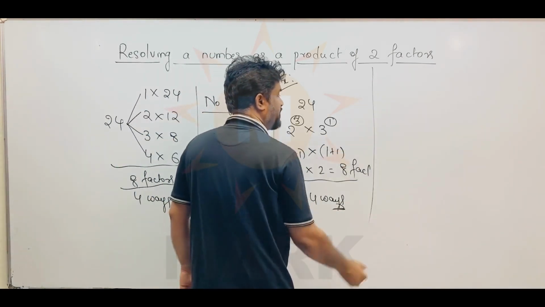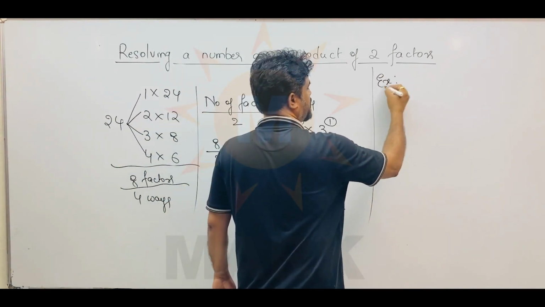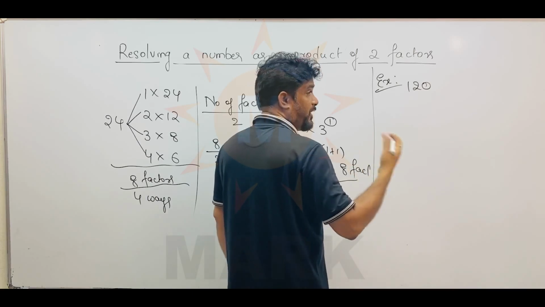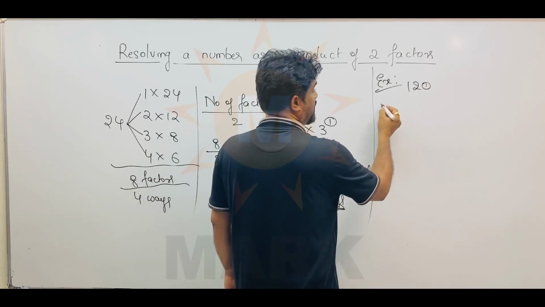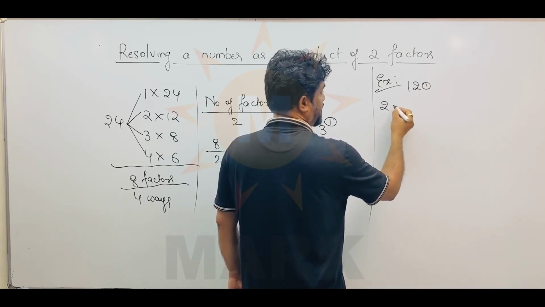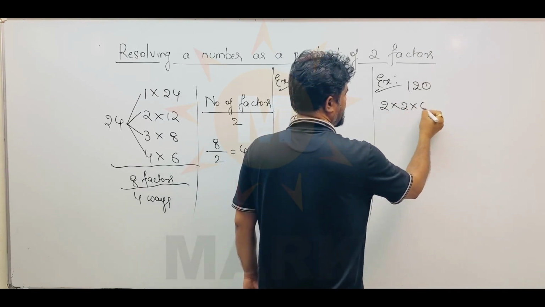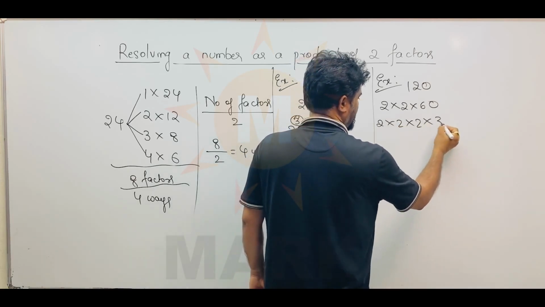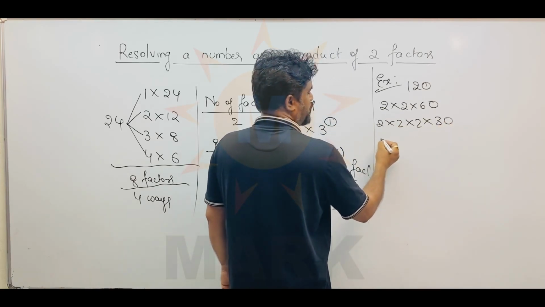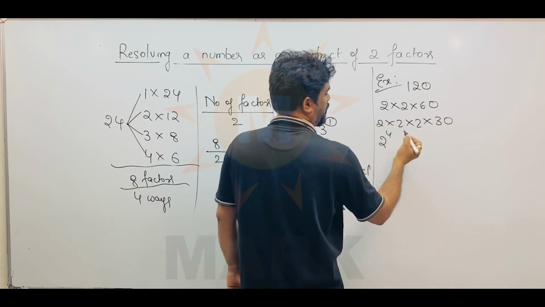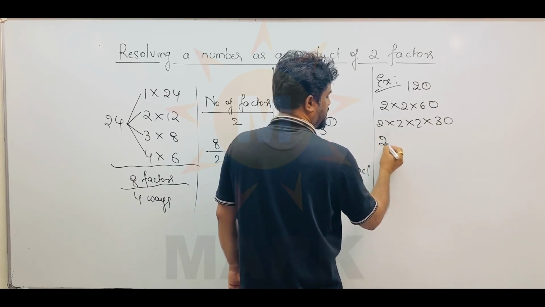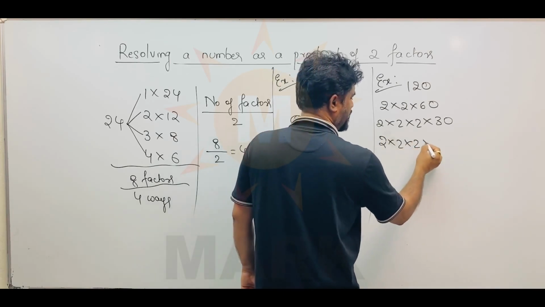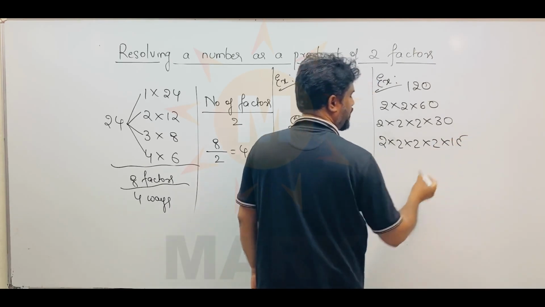Suppose, my dear friends, I am taking another example, if 120 is given to me. First of all, I will find how many factors are there for 120. That is nothing but prime factorization. I am doing 2 into 2 into 60. So I can write 2 into 2 into 2 into 30. Further, 2 into 2 into 2 into 2 into 2 into 15, I am writing one more step here.